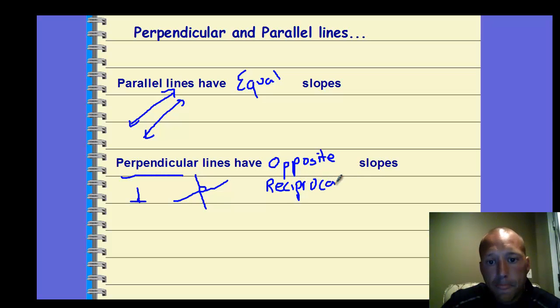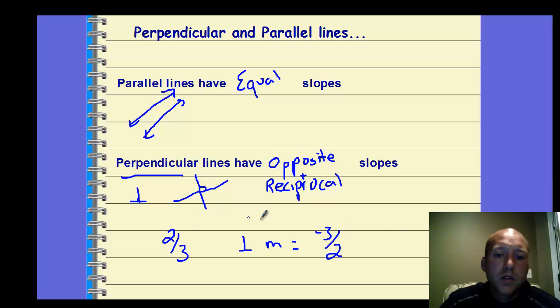They have to be both opposite and reciprocal slopes when they are perpendicular. So if I have a slope as 2/3, a perpendicular slope is going to be negative 3/2. So opposite sign and then flip it.